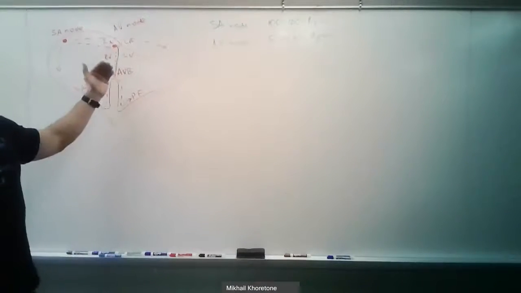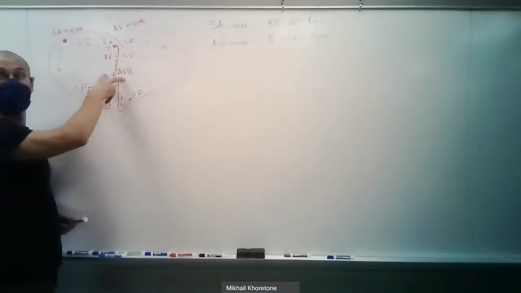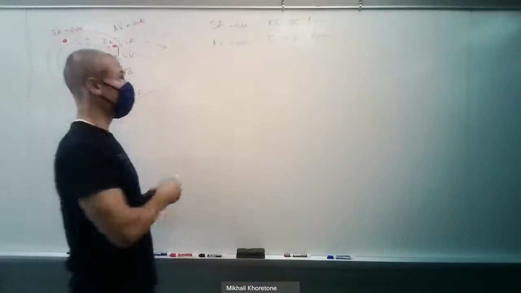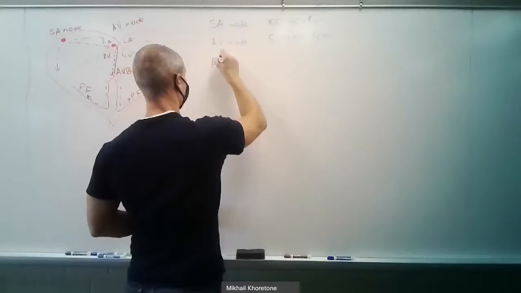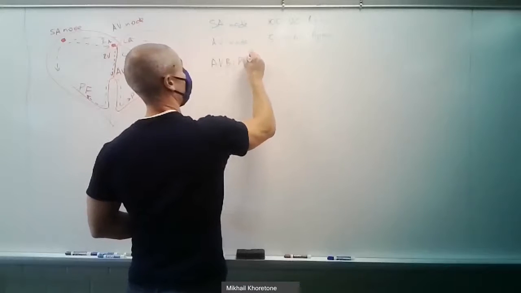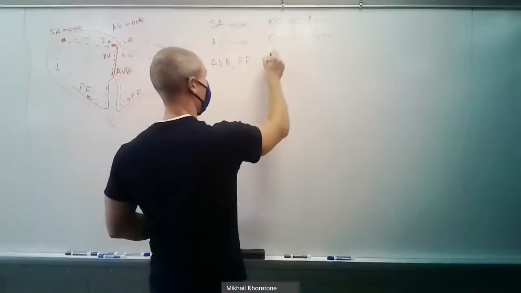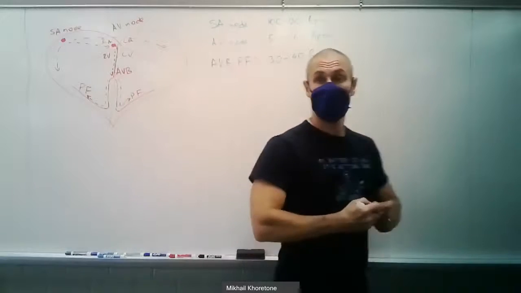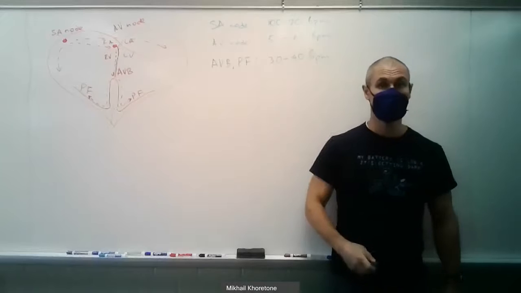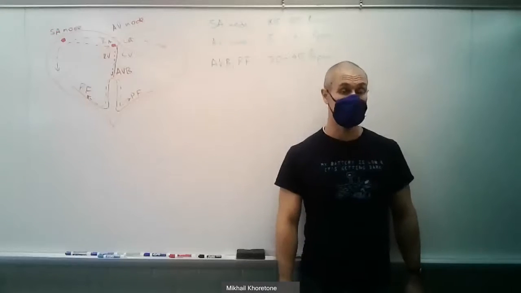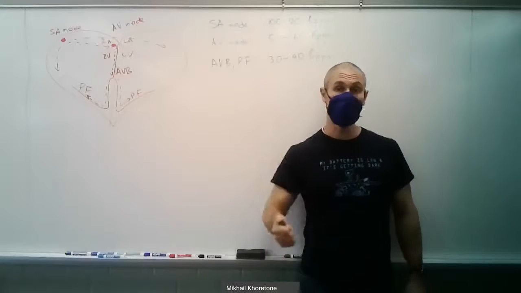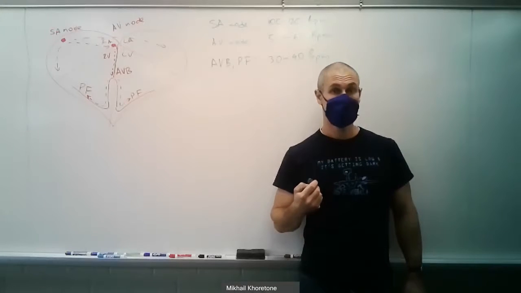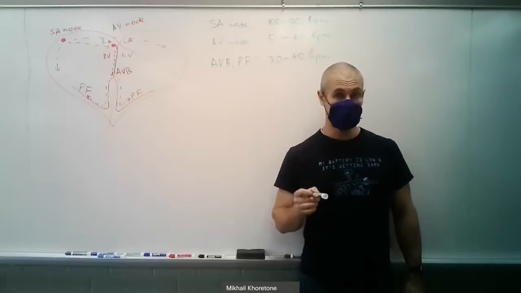If the AV node doesn't work, then the bundle and Purkinje fibers will take over, and their intrinsic rate is 30 to 40 beats per minute. Is it survivable in the long term? It is not. This is why you need a pacemaker. We'll get back to this. So far, does that make sense?